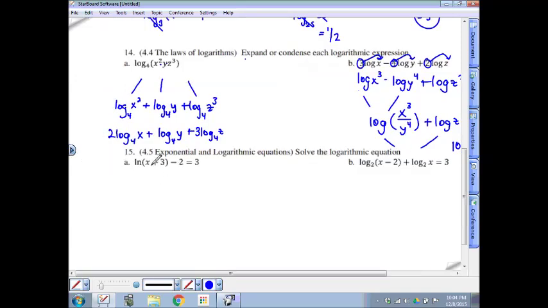Question 15. We're solving for x, but x is part of an expression that's inside of a logarithm, and you can't solve for x if it's inside of that logarithm, so we're going to have to cancel that natural log. The only way to cancel the natural log is to eventually use a base of e, but that's not going to be our first step, because we need this logarithmic term to be by itself, so we actually need to add the 2 over.